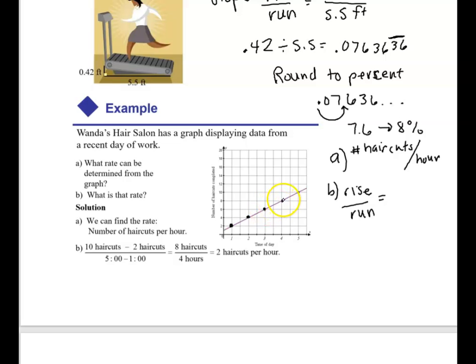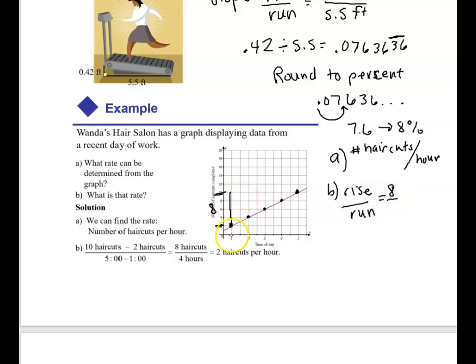Neither would this or this, but they picked these 2 on the end. So it looks like we go up. To get from 2 to 10, you're going to go up 8. Right, we're going from 2 to 10, so our rise would be 8.